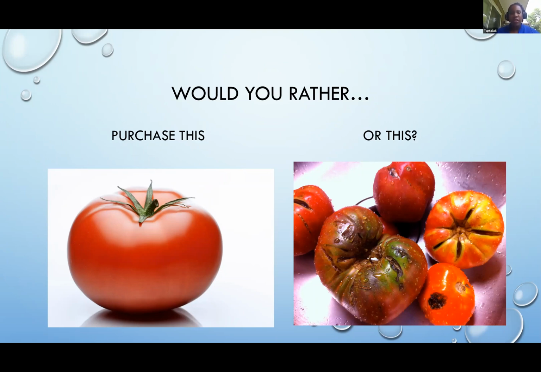This will be an introduction to a lesson on GMOs, genetic modification. In order to get these beautiful plump tomatoes that you see, there have to be methods that farmers put in place to prevent them from looking like these, which we call ugly tomatoes, which are actually not bad at all.